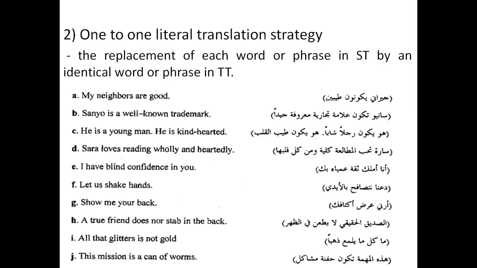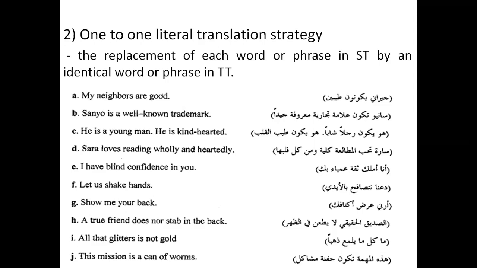Another difference is that this strategy looks at the collocation and metaphorical aspects of language. So idiomaticity is taken into consideration in this one-to-one strategy. We are going to take some examples such as my neighbors are good. جيراني يكونون طيبين.